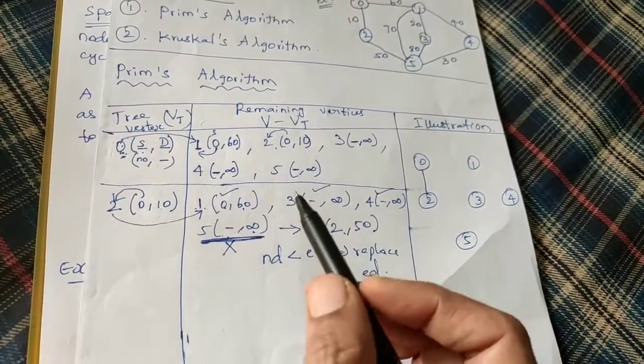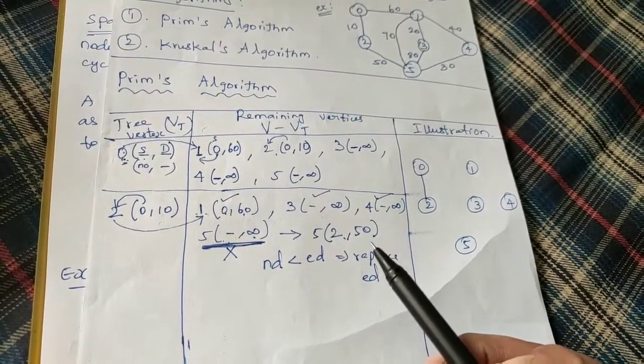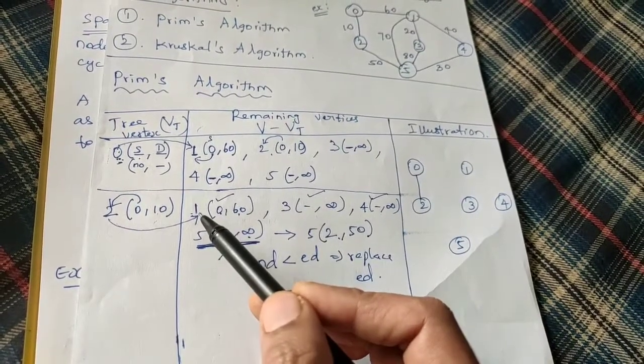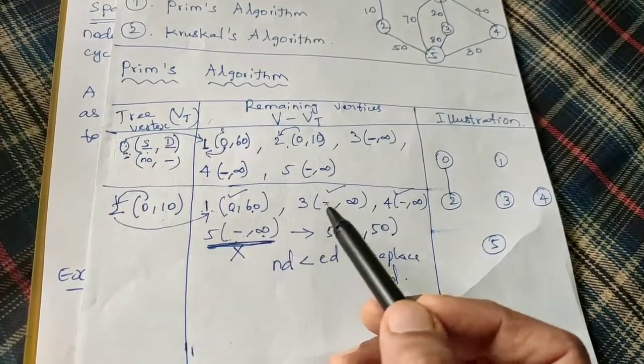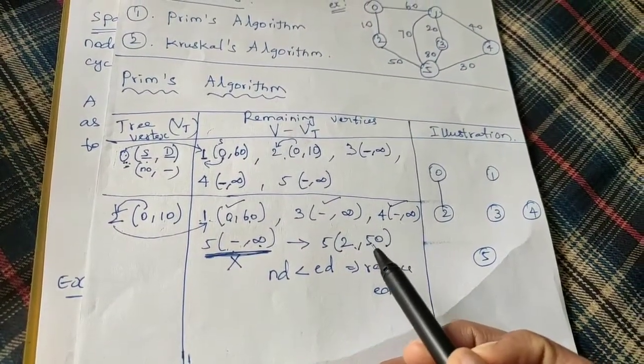Now out of these 4 values, which is having the minimum distance? Now see, the first vertex which is visited from 0 is having the distance as 60. The distance here it is infinity, here also it is infinity, here it is 50.